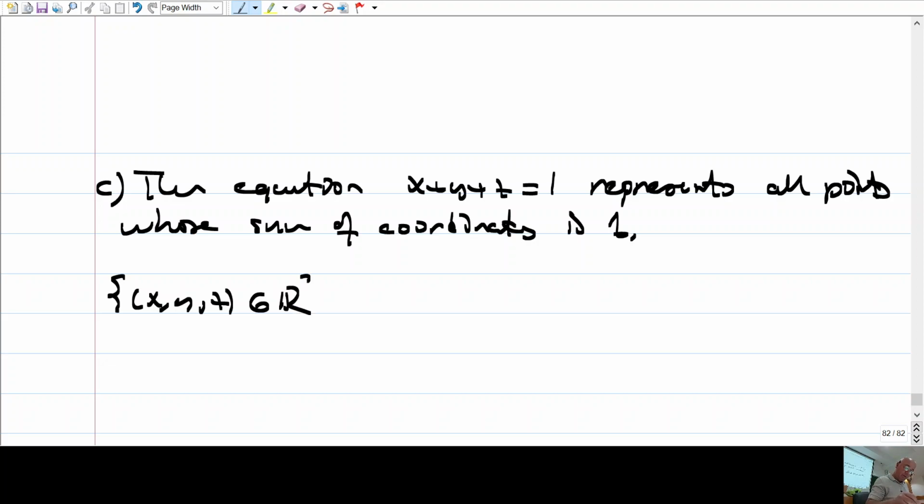So we have this x plus y plus z equals 1.